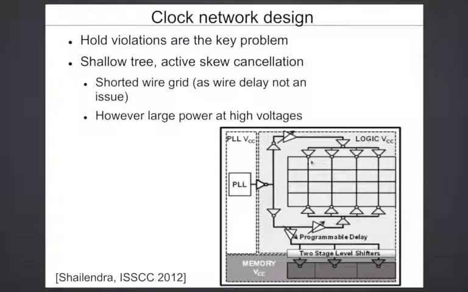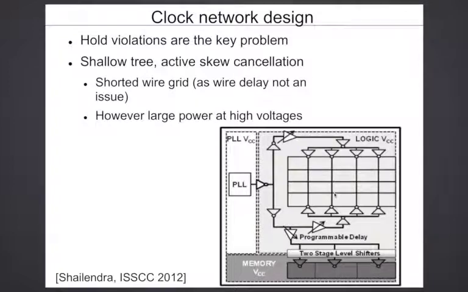Unless you size the wires to be wide enough such that the RC delay is a small fraction of the gate delay. And how do you size it? You increase the width of the wire. When you increase the width, the capacitance goes up. So the power consumption of this approach really goes up at higher voltages, but you do get very low skew. If you want the lowest skew clock network, this is the approach you should take.